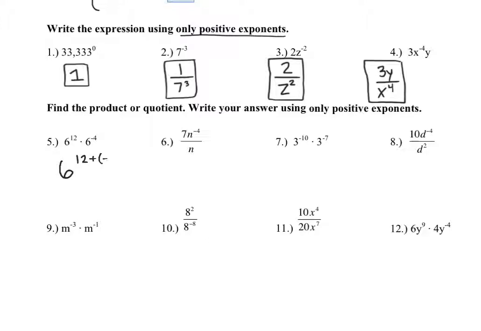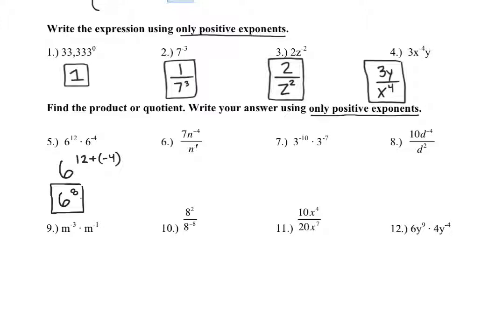So this would be 6 to the 12 plus negative 4. Well, 12 plus negative 4 is 8. So in this problem, I'm done because it wants me to write the answer using only positive exponents, and I have a positive exponent.